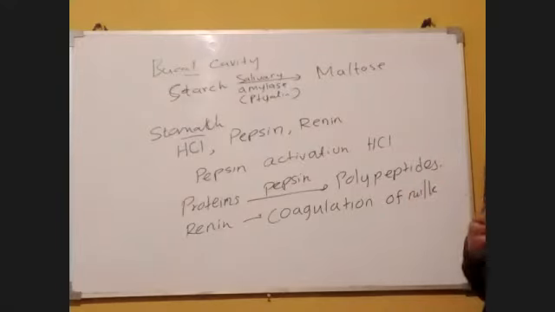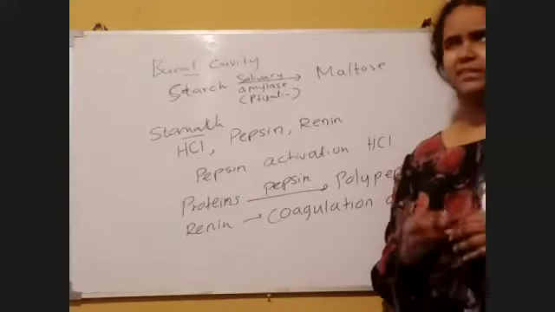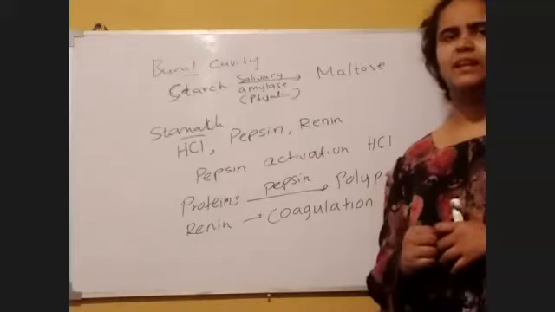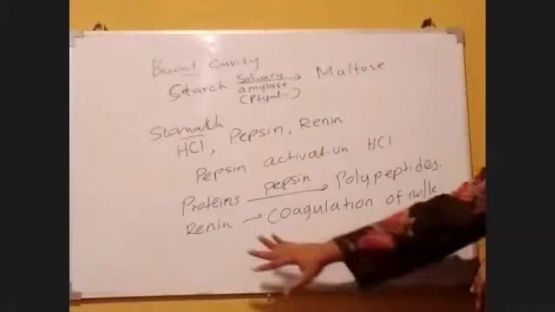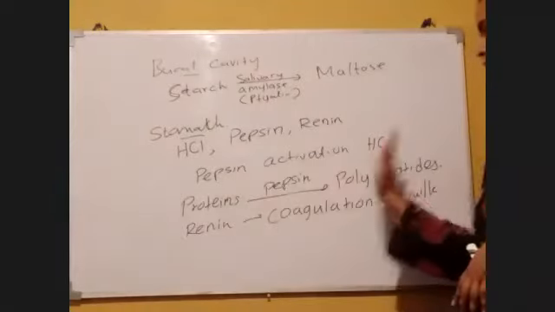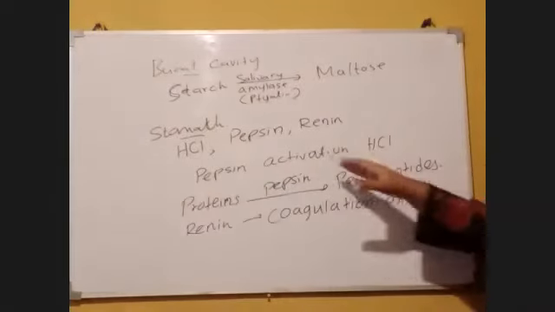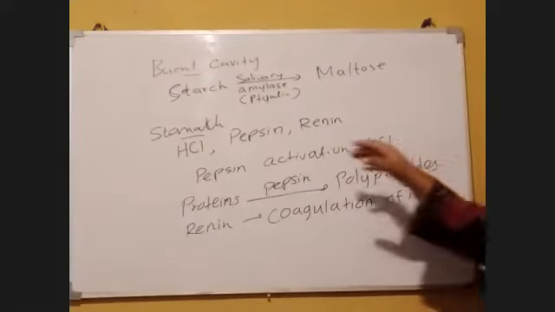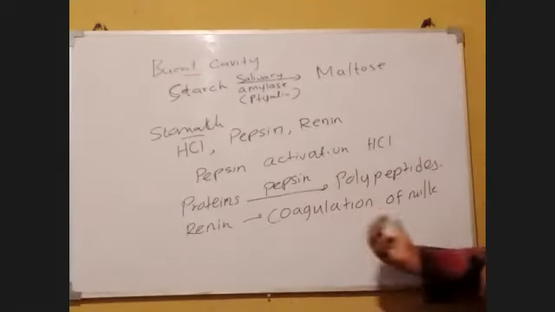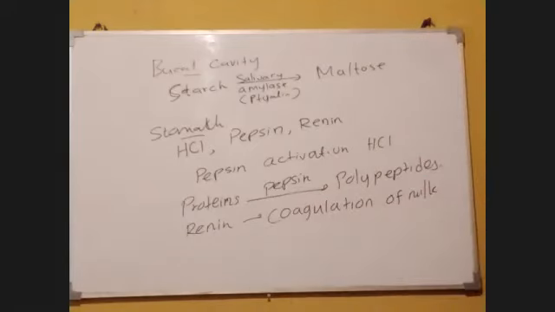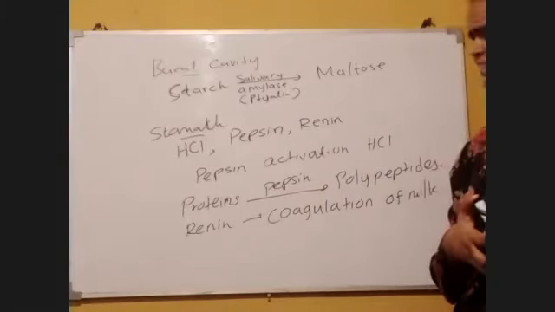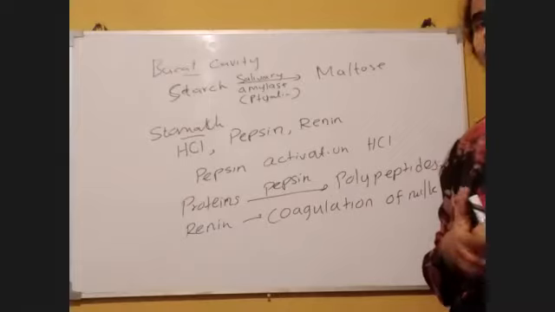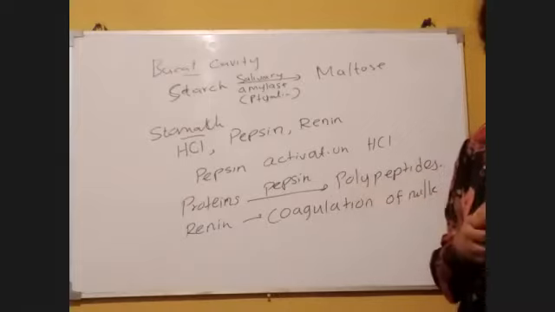You have to remember it like that, because the coagulation of milk is somewhat complex and there is no need to discuss it in our syllabus. So remember that pepsin is activated by HCl, proteins are converted into polypeptides by pepsin, and renin does the coagulation of milk. These are the rough things that we have to remember.